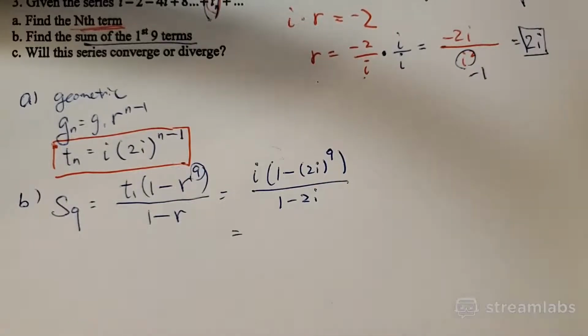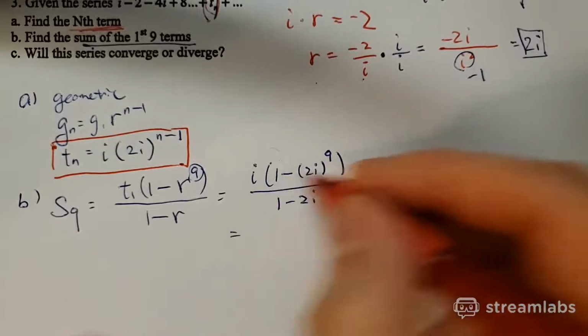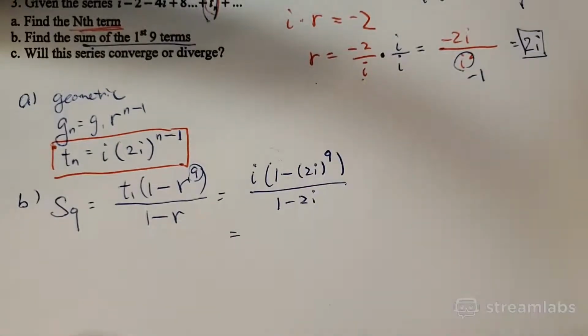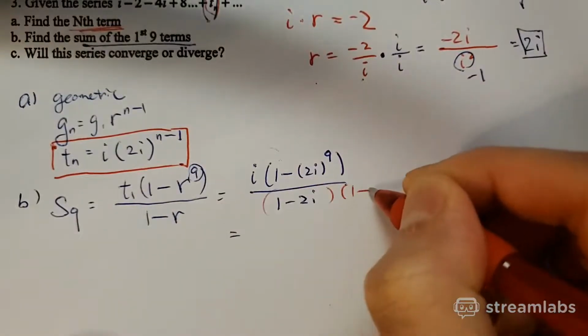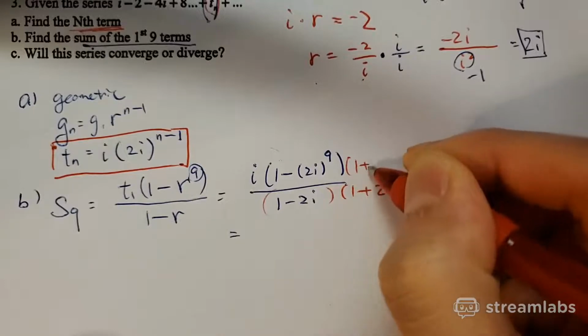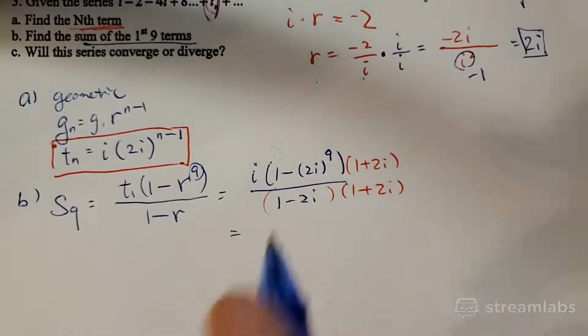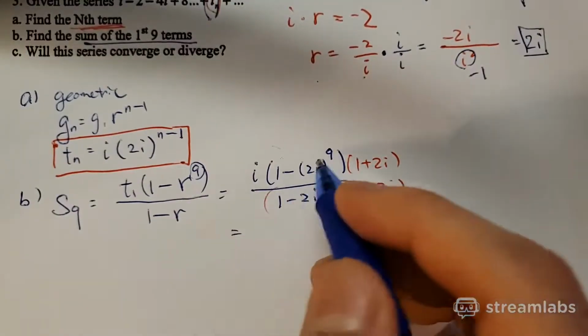To rationalize, if I have to remind you, after you multiplied all this out, okay? What you need to do is multiply by the conjugate, if you remember. Okay, and do all the math, simplify, whatever.